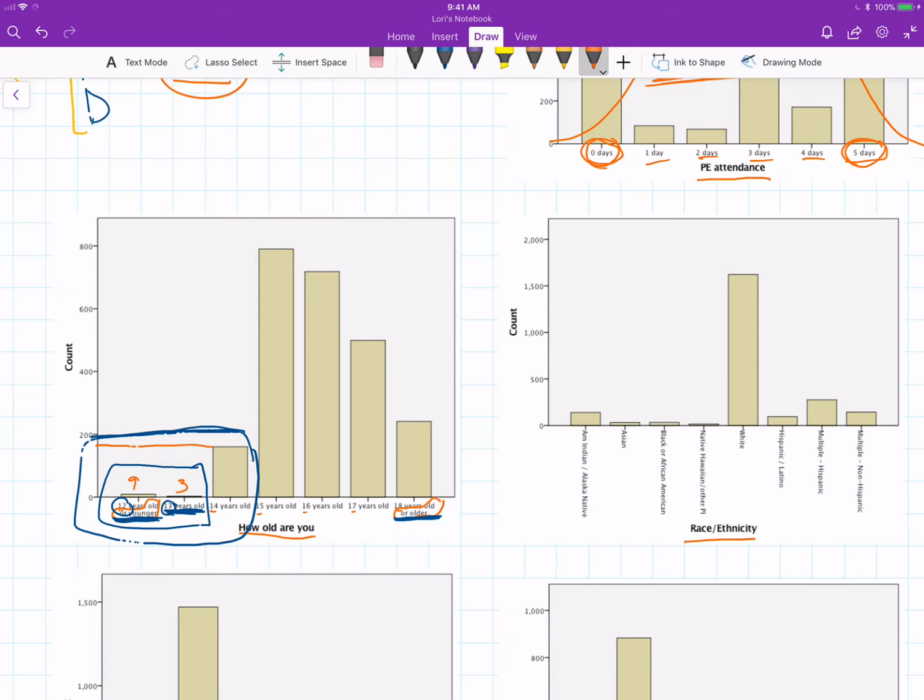Sometimes, depending on your research question, you would like to see these different categories separately, and I would specifically keep Black or African American separate. But sometimes we will include non-Hispanic white, non-Hispanic Black, and Hispanic, and then lump the other ones into other.